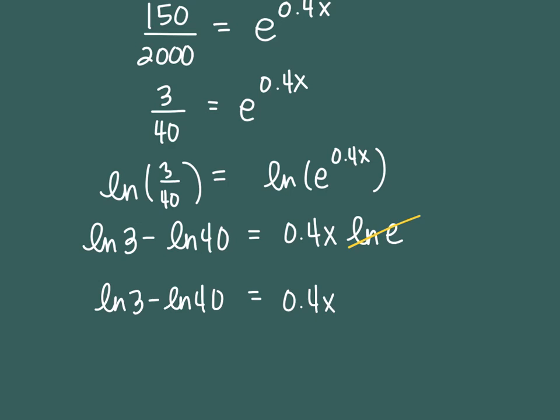But I just need to get x alone. So how do I do that? Divide. And so x is ln 3 minus ln 40 divided by 0.4. Okay, that finishes it.